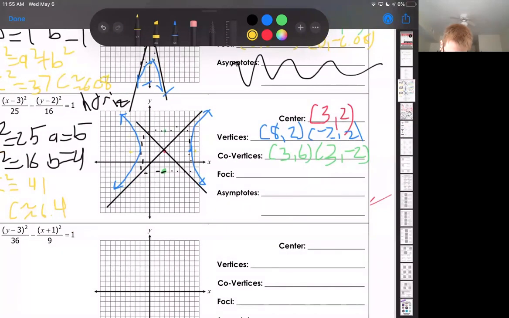So our focus points, if you do it algebraically or just look at what you plotted, were at 9.4, 2 and negative 3.4, 2. And like I said, don't worry about actually getting the equations of our asymptotes. There are formulas, but usually just using that rectangle lets you get your asymptotes. But to get an equation, you need to do a little bit of algebra.